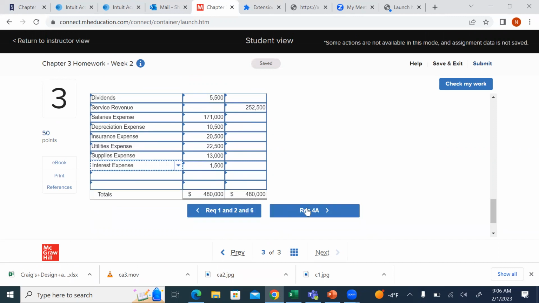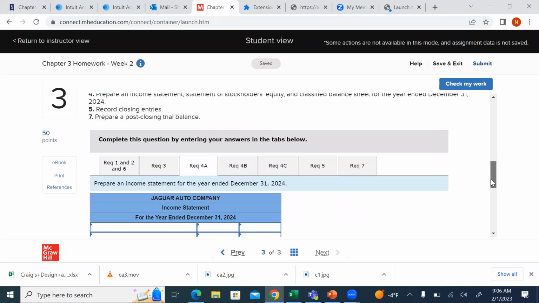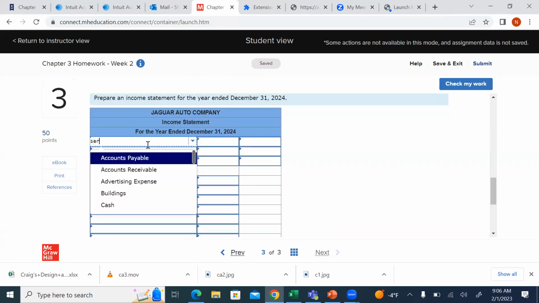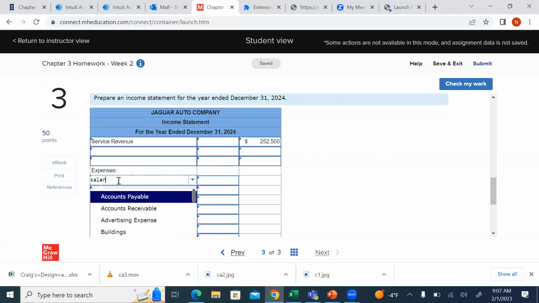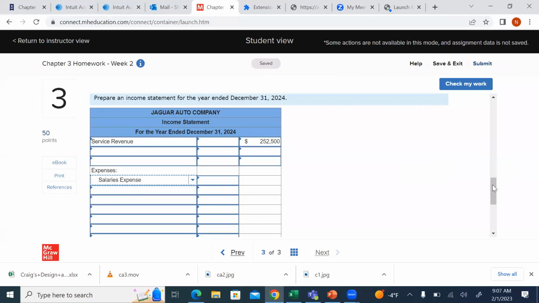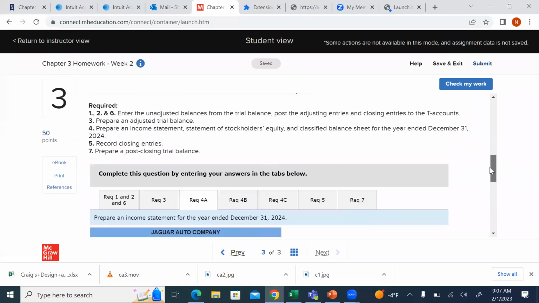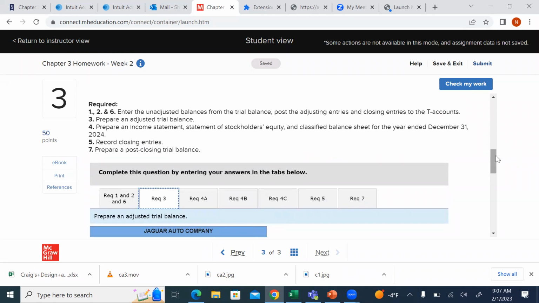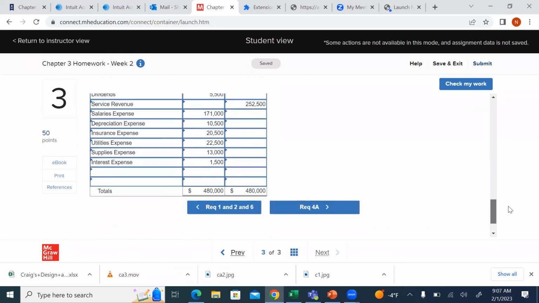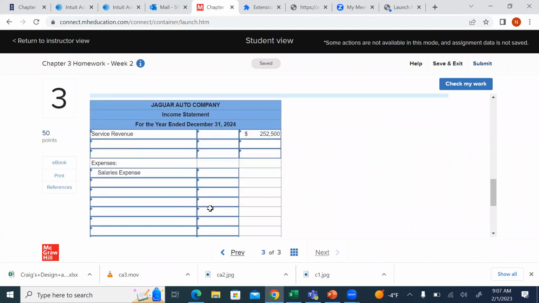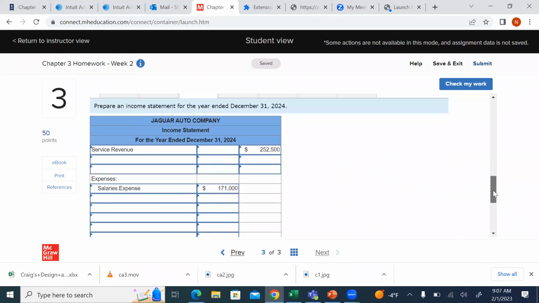Okay? So our service revenues, 252.5. And then we're going to have salaries expense, $171. Shoot, I wish I could remember them better.